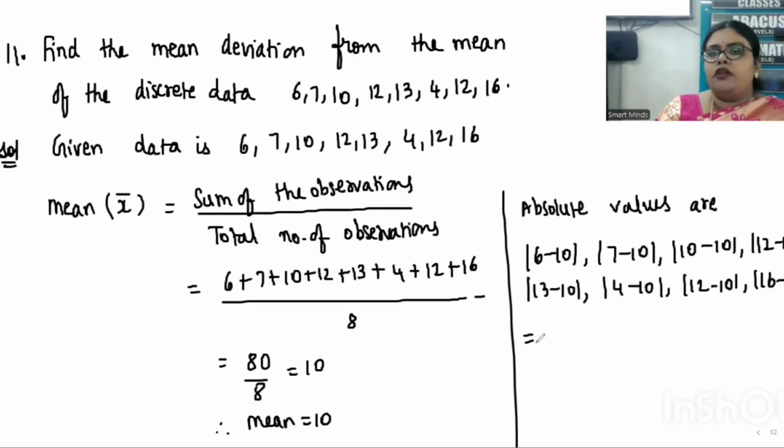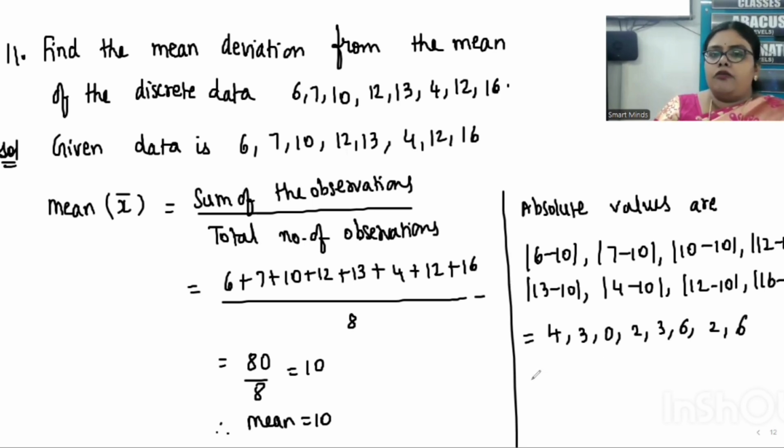Modulus means even though if you get a negative answer, the modulus of a negative answer will be positive. So 6 minus 10 is 4, 3, 0, 2, 3, 6, 2, 6.